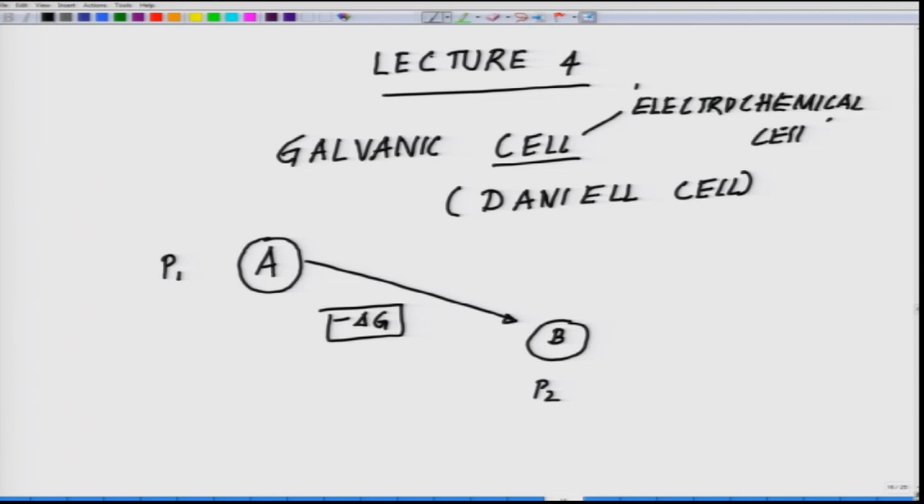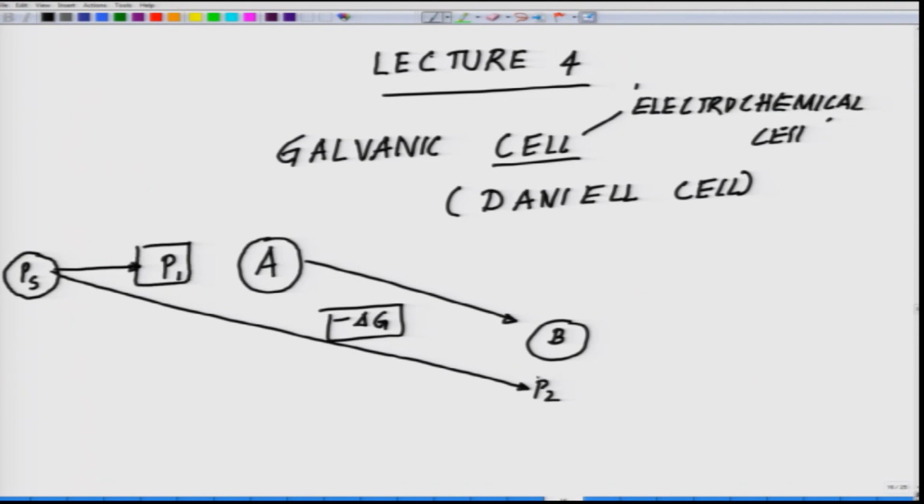In other words, we needed a standard, that is our P standard. With respect to P standard, we call it P1, and with respect to P standard, we call it P2. So, this is that standard we are talking about. Calculating this standard is what we will be dealing with in the standard electrode potential.